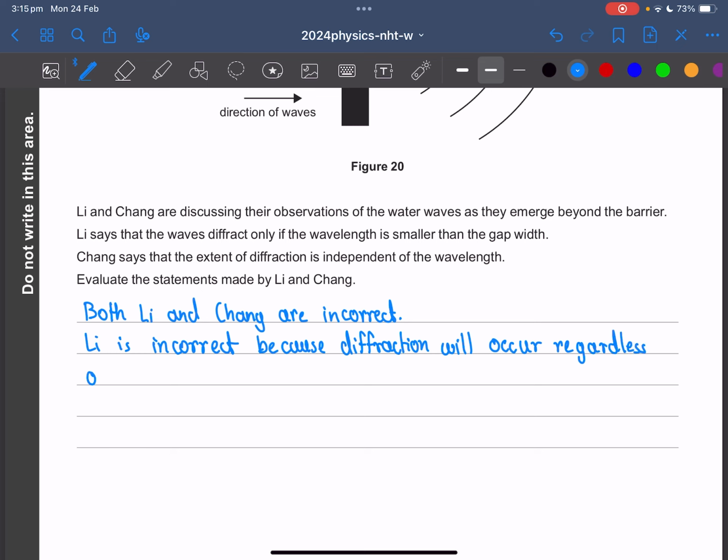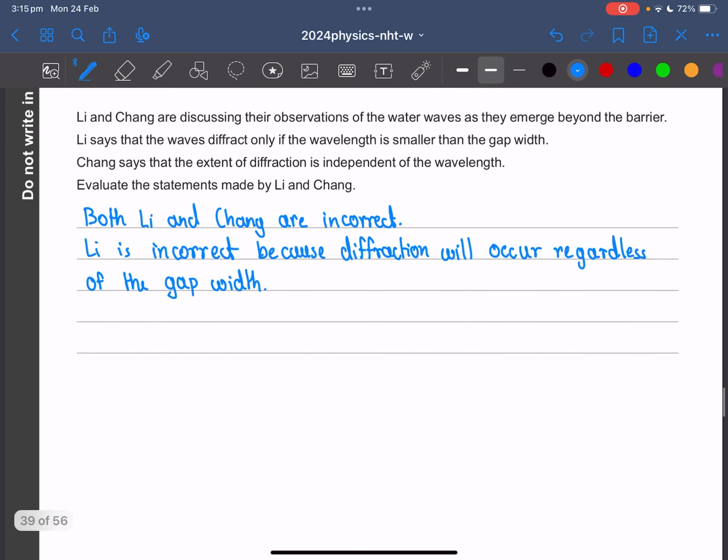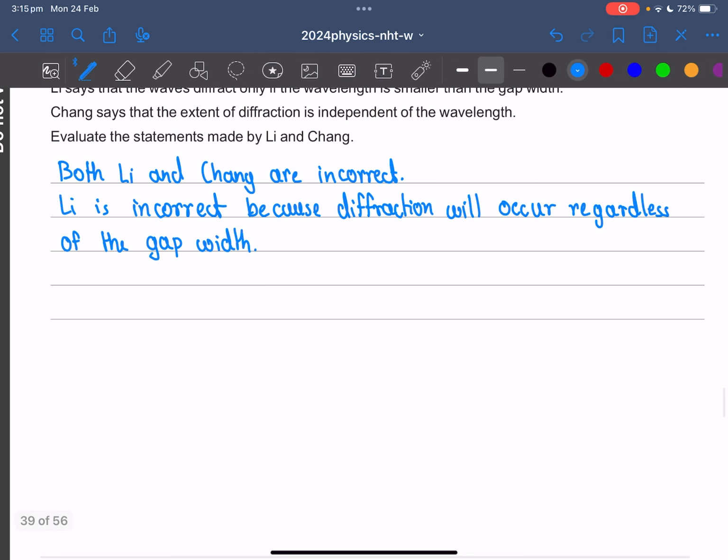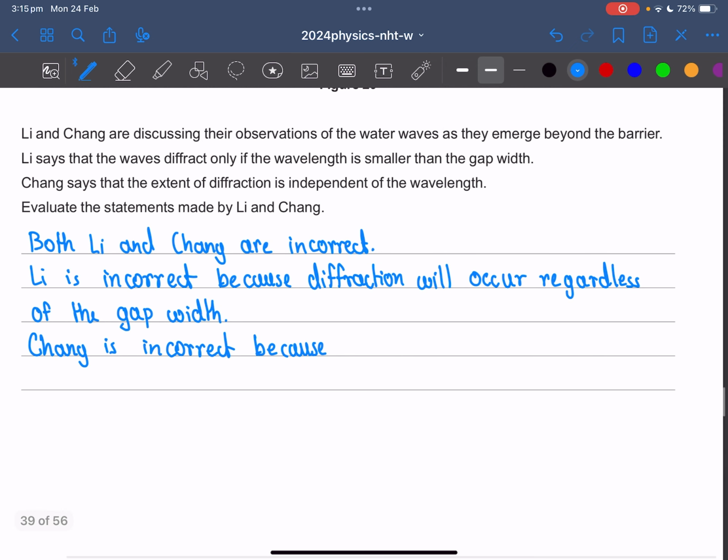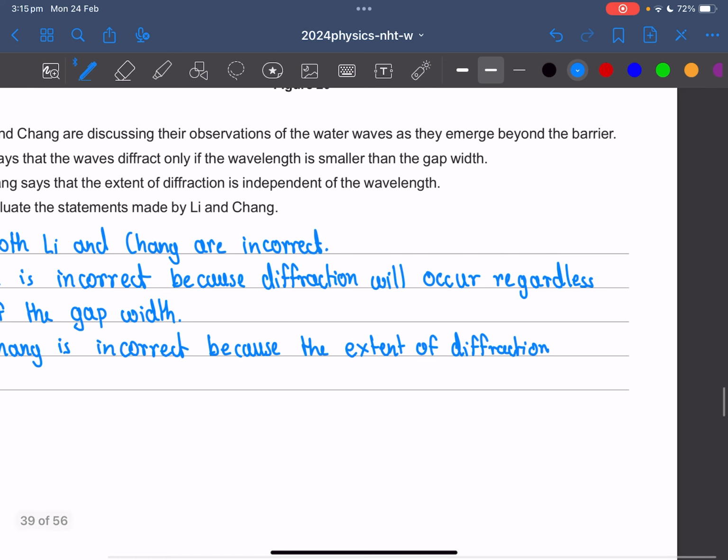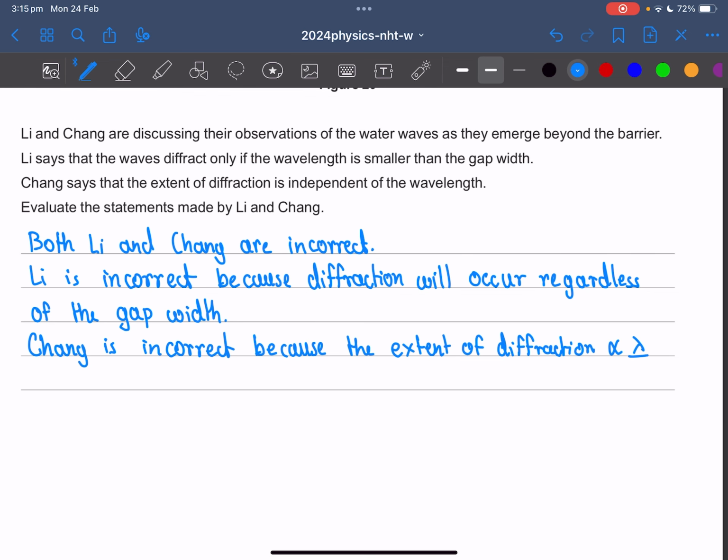And Chang is incorrect because the extent of diffraction is proportional to lambda over width.